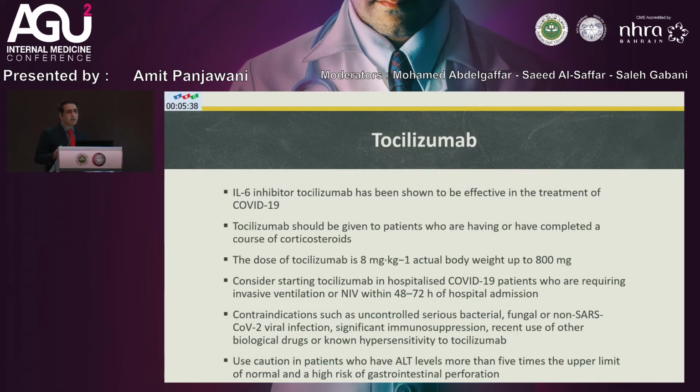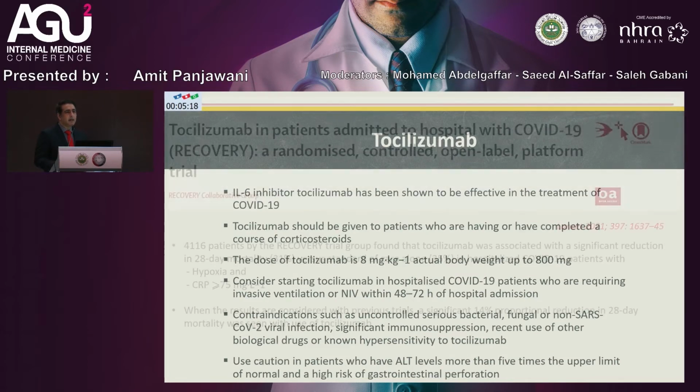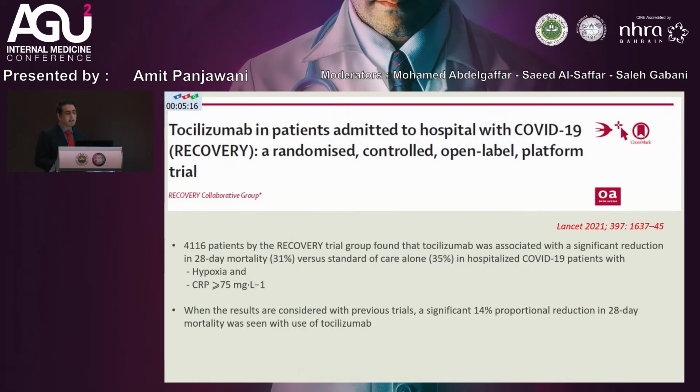In patients of COVID pneumonia who are associated with cytokine storm, in which there is hyperinflammation which results in severe lung damage, tocilizumab, which is an interleukin-6 inhibitor, has been found to be extremely useful, especially in reducing the hypoxemia and the features of severe lung damage.